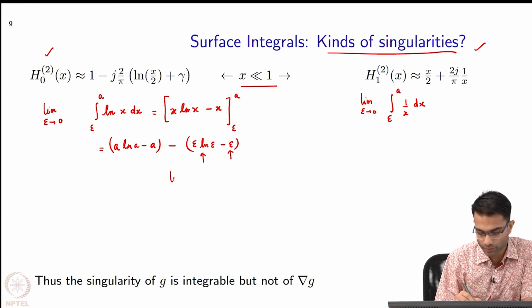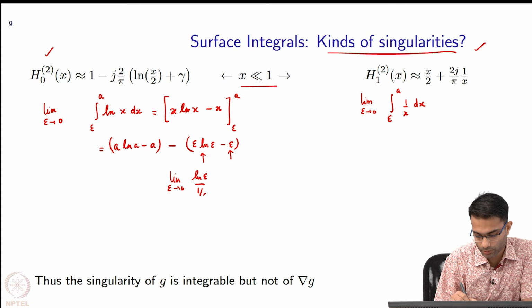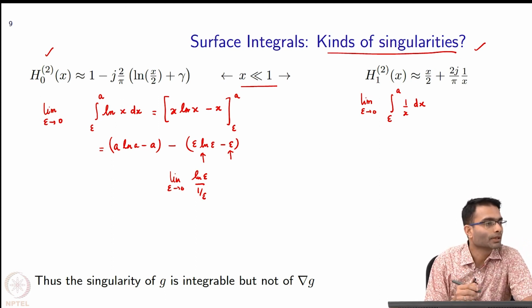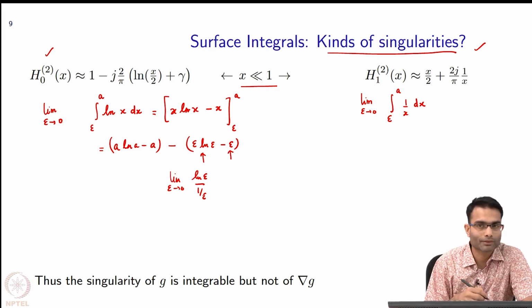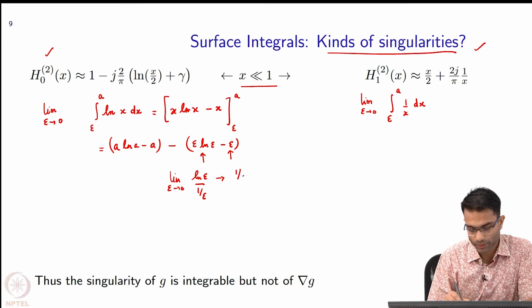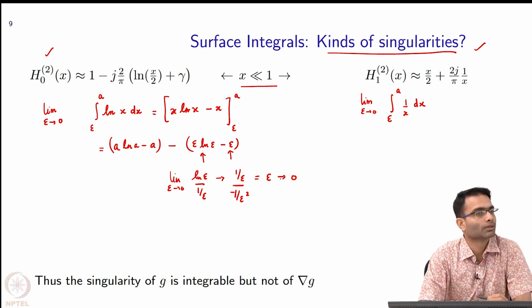L'Hopital's rule. So, I will do limit epsilon tending to 0. I can write it as log of epsilon by 1 by epsilon. So, now it is in what form? Well, in this case infinity by infinity form. I can do it in either way. So, this will become 1 by epsilon minus 1 by epsilon squared, which goes to 0 as epsilon tends to 0.